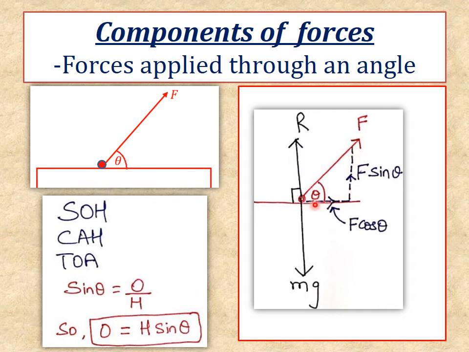Whenever you resolve, remember the force that you're resolving will become the hypotenuse of the triangle, so the opposite is F sine theta. Similarly, cosine is adjacent over hypotenuse, so adjacent is hypotenuse times cos theta, and that is why this horizontal force is F cos theta. So opposite will always be sine, adjacent will always be cos. So this is the vertical component of force F, and this is the horizontal component of force F.